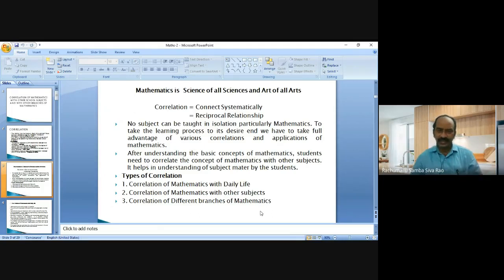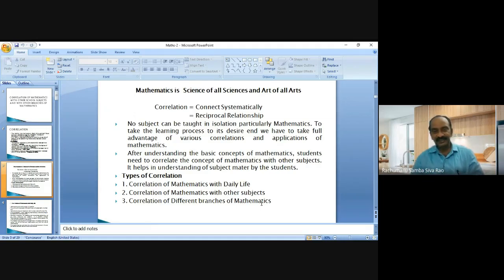Internal correlation means this third one, correlation of different branches of mathematics.